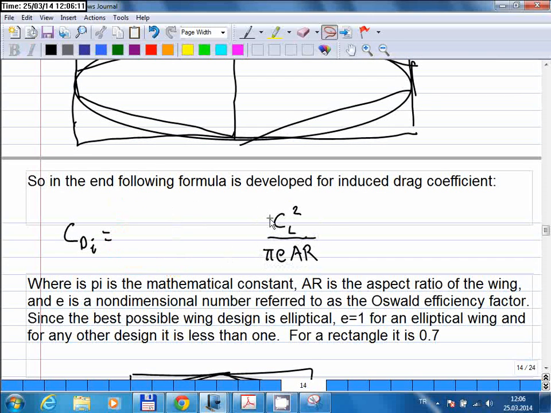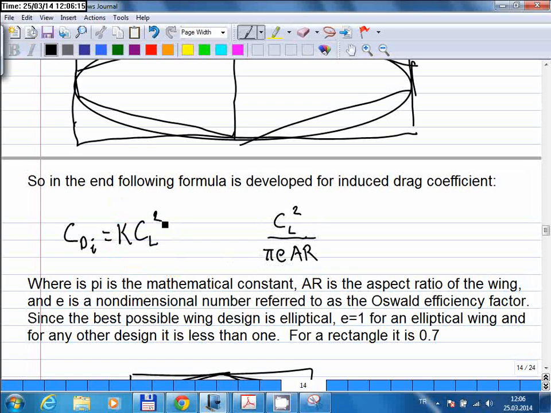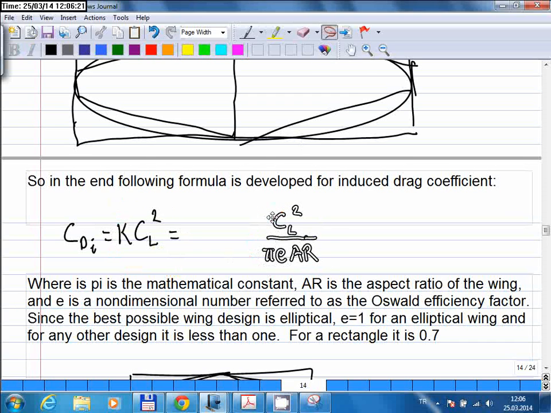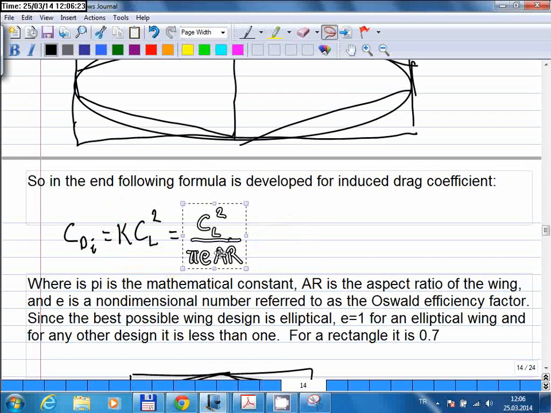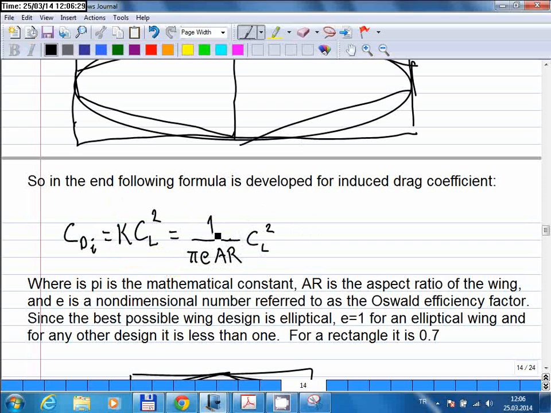So normally this CDi is equal to K times CL squared. So now this is the K parameter.